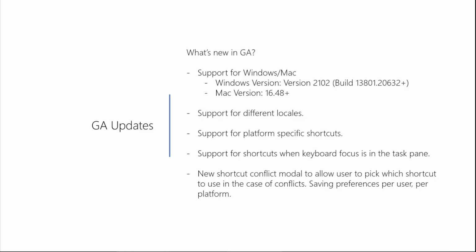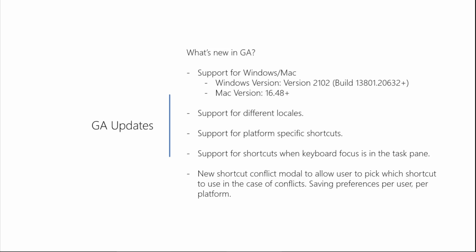All right, so in terms of updates, we are ready to announce GA today, so I'm excited to announce GA. So what's new in GA? In preview phase, we only introduced keyboard shortcuts for Excel Online, but now we are extending that support for Windows and for Mac.